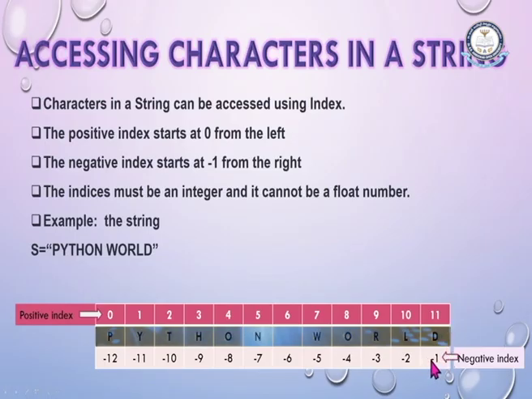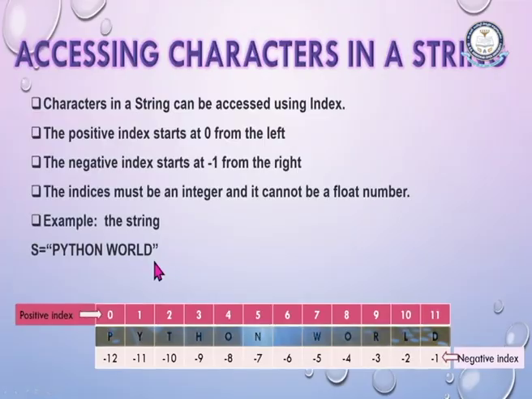At -1 we have the character D, and at -2 we have L, and in this way it runs from right to left. So, we can use either positive index or negative index based on our requirement.